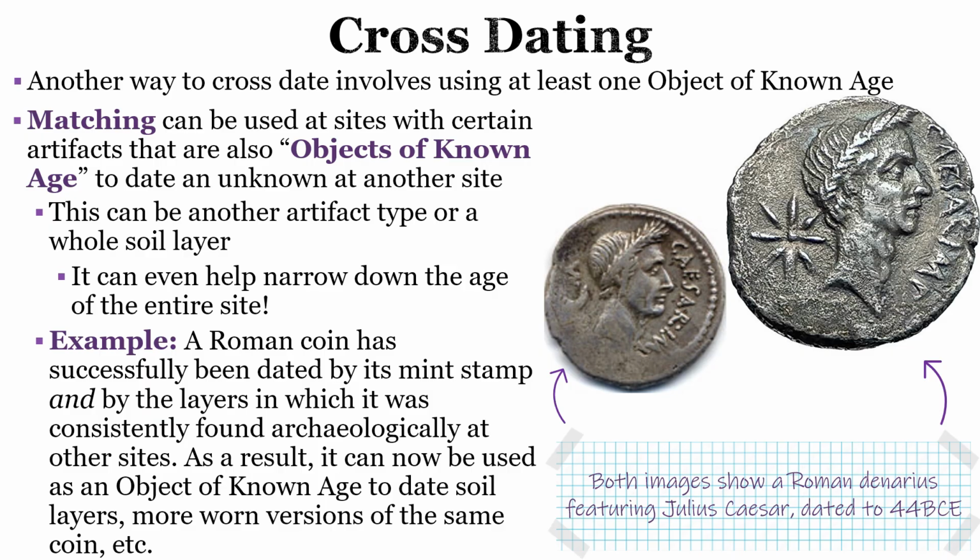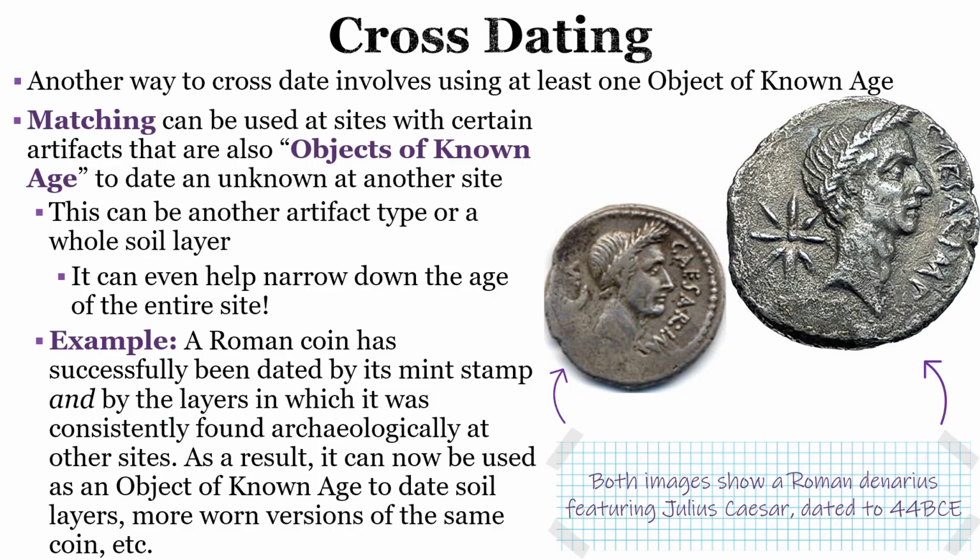We know that it is older than 44 BCE. And this is crucial because it lets us know that everything stacked on top of it is younger than 44 BCE. All because of the coin that we found on one site and could plug in to another site.